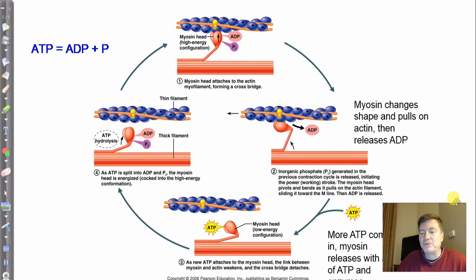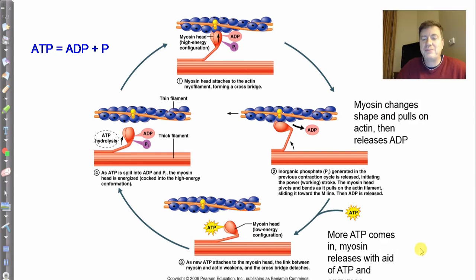So let me move me up here. So what happens after that is more ATP is going to come in, and it's going to weaken that connection between myosin and actin. And then with some enzymes that are present and with this new ATP, the myosin is going to disengage from the actin. So you see down here, as new ATP attaches, the link weakens and the cross bridge comes off.